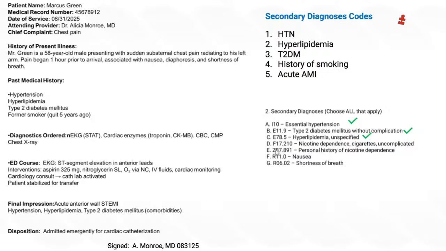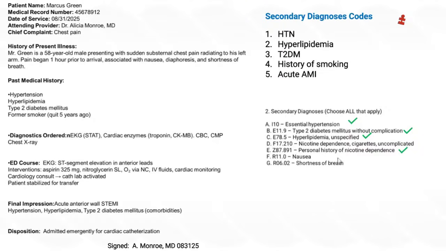Now we have nicotine dependence, cigarettes, uncomplicated. Well, you know what? I'm not going to code this because this patient doesn't currently have a nicotine dependence. So we're not going to code it, but I will code the personal history of nicotine dependence.